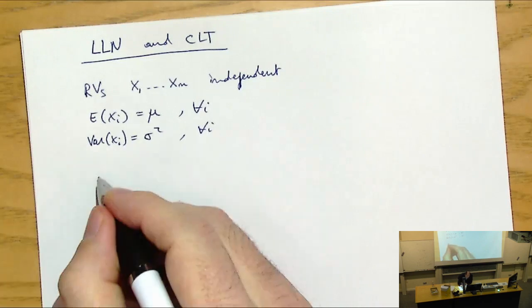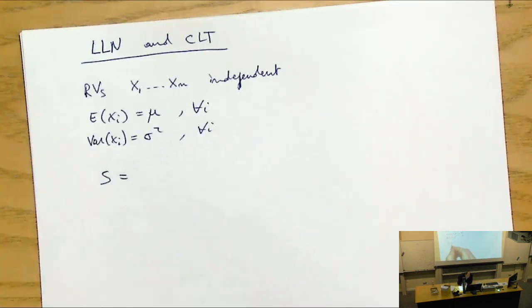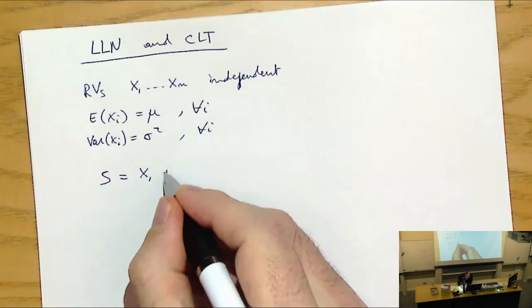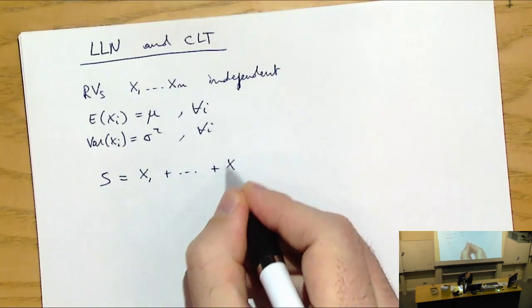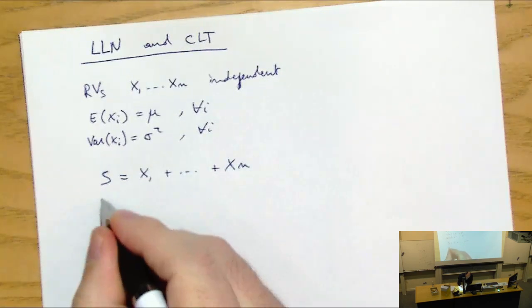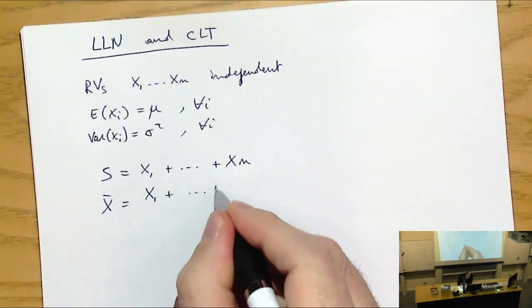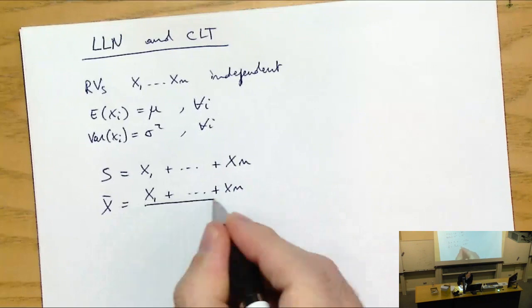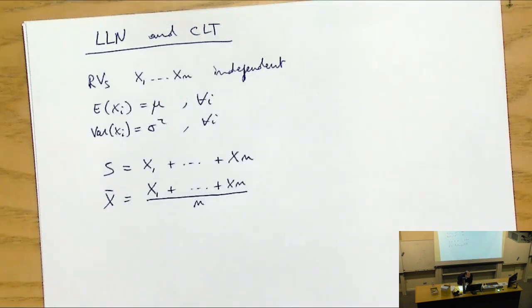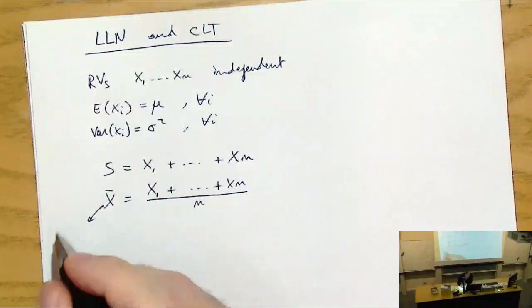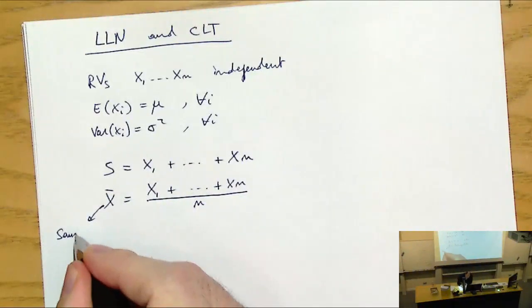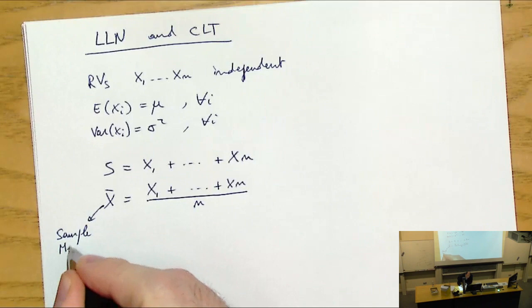And what we're interested in is two quantities. First is the sum of x1 all the way to xn, and the second one is the average, which is x1, I sum all the way to xn, and I divide by n. So it's the average of those n random variables. We're going to use this later on; this is called the sample mean in statistics.